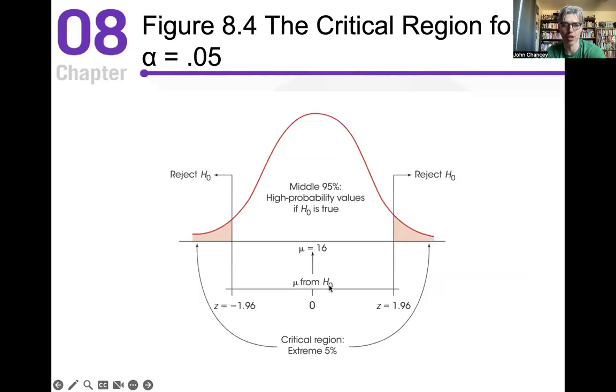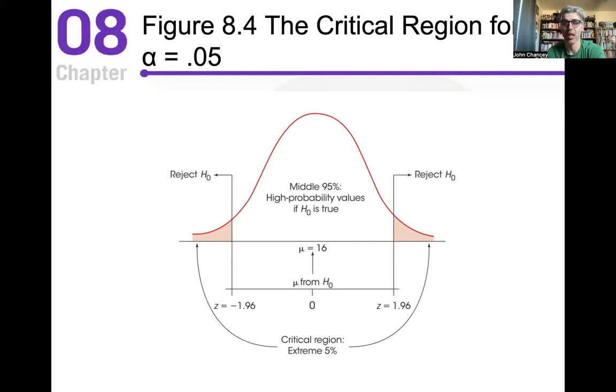So these are those critical regions, and it's a really good point to talk about a two-tailed test. We set our alpha level at 0.05. We divide that in half, 0.025 on each tail, and the critical value is going to be 1.96 on both sides: negative 1.96 on the left-hand side, positive 1.96 on the right-hand side. So already you really need to have those numbers down.